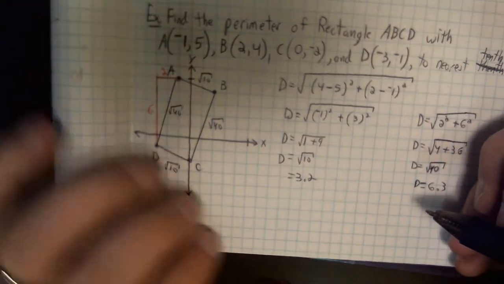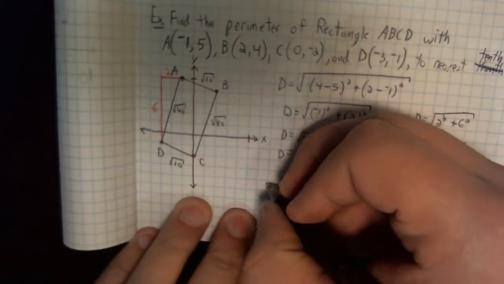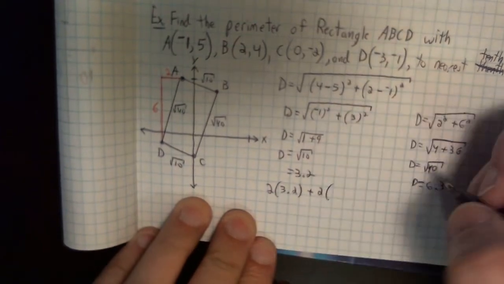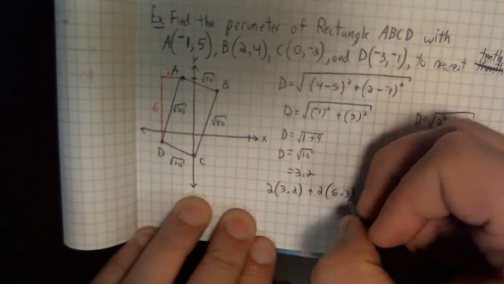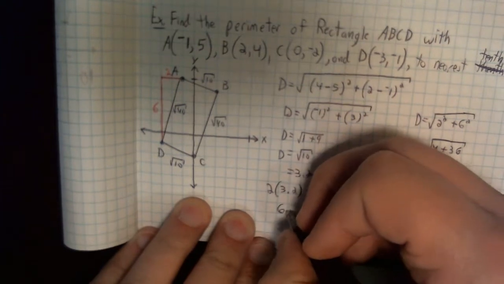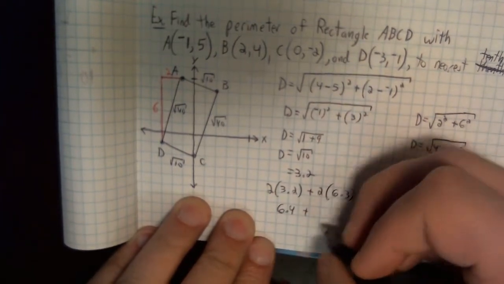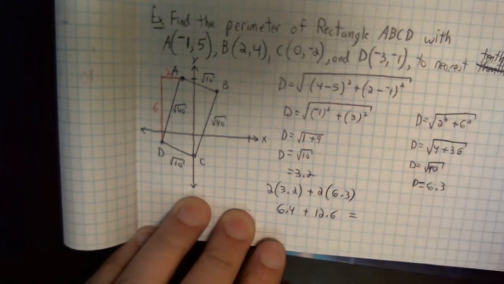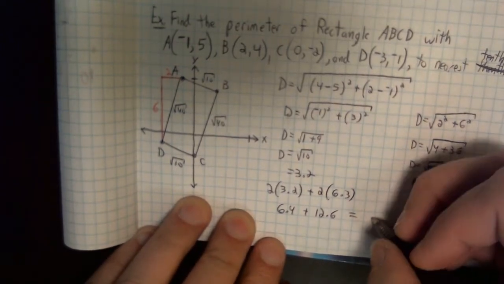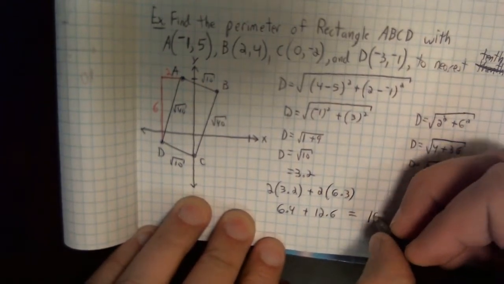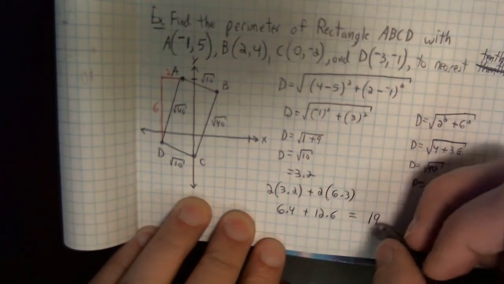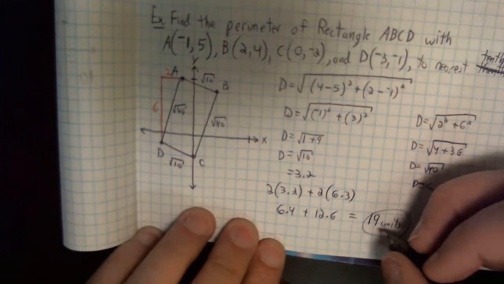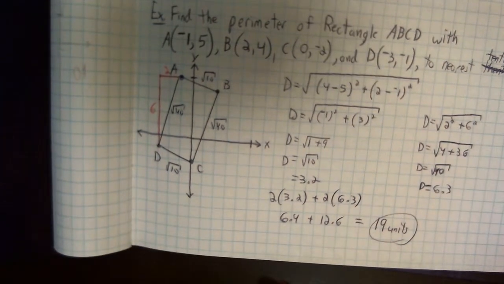We've got 2 of these 3.2s, which gives me 6.4, and 2 of these 6.3s, which gives me 12.6. And when I add, we get 19 units, rounded to the nearest tenth.